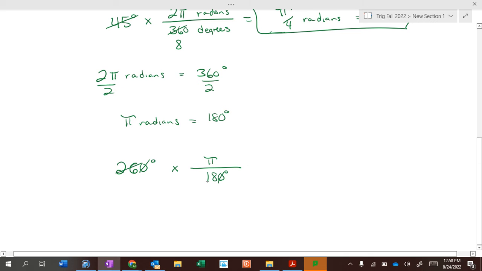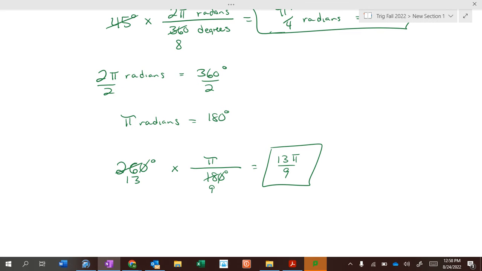And divide them both by 2, I get 13 and 9. So it's 13 pi over 9. Most of the time when you write radians, you'll write them as fractions. You usually won't write decimals unless they tell you to. This is called an exact answer using pi.